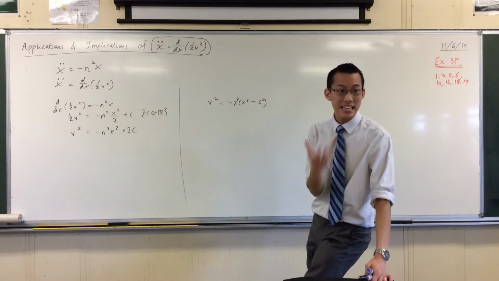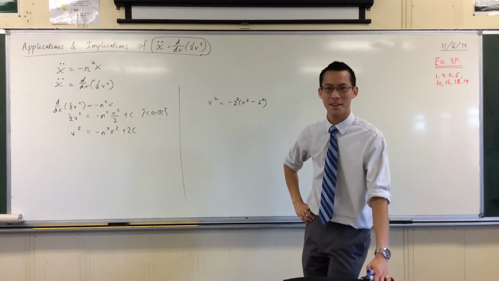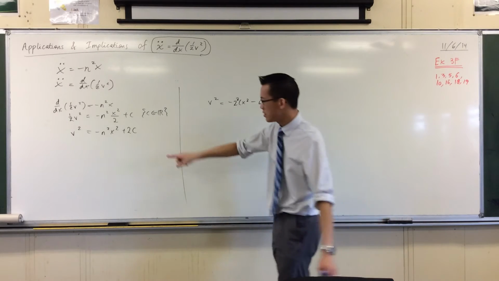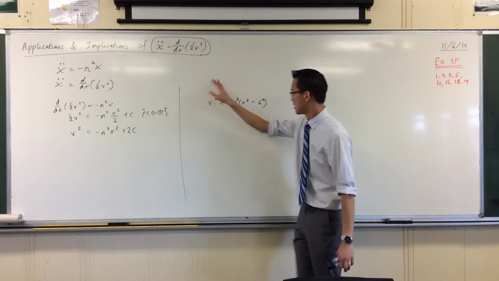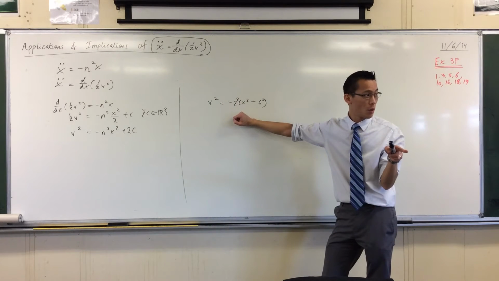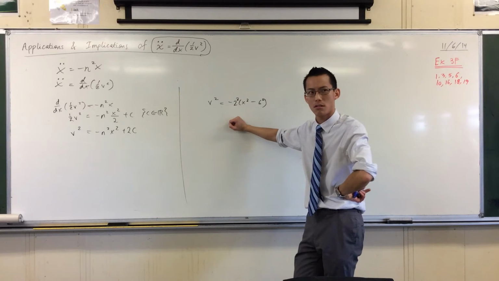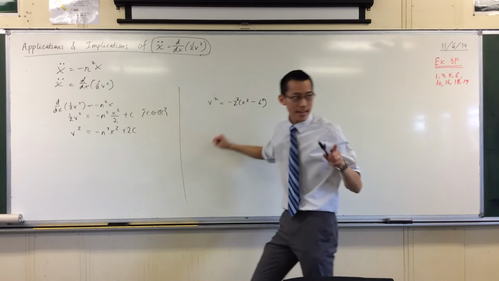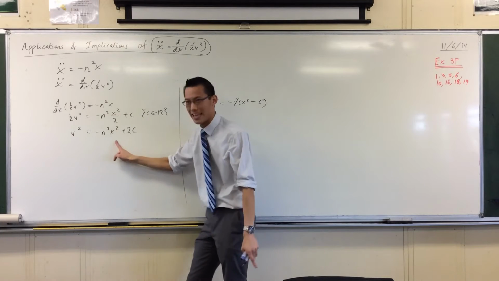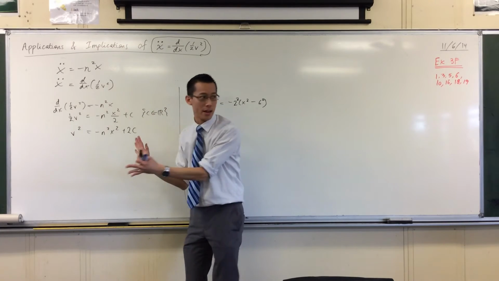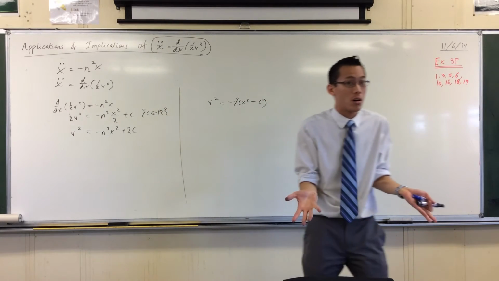You said initial conditions, but actually, we didn't end up using initial conditions to get to this. We didn't actually need to know about time. What did we need to know? Yeah, we needed a relationship between displacement and velocity. There's no time there.